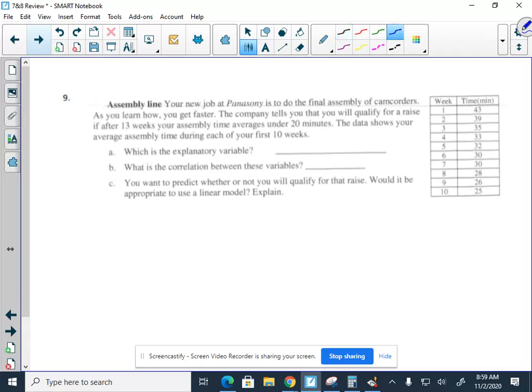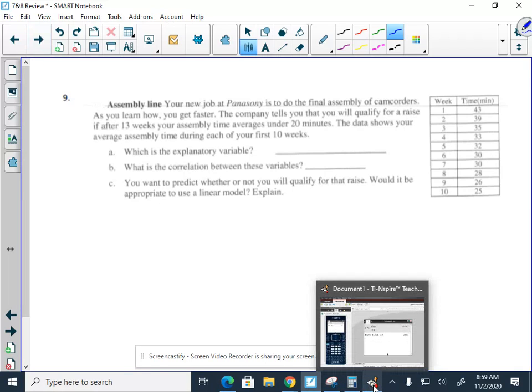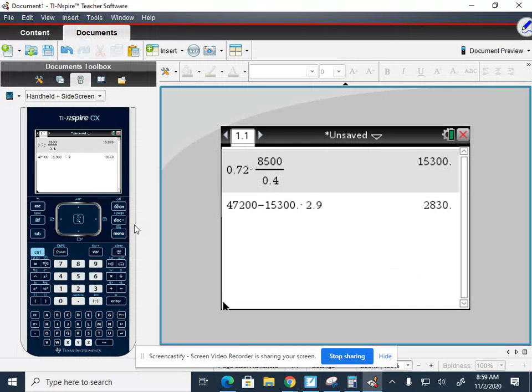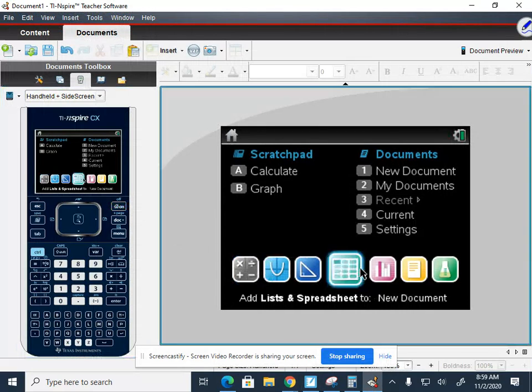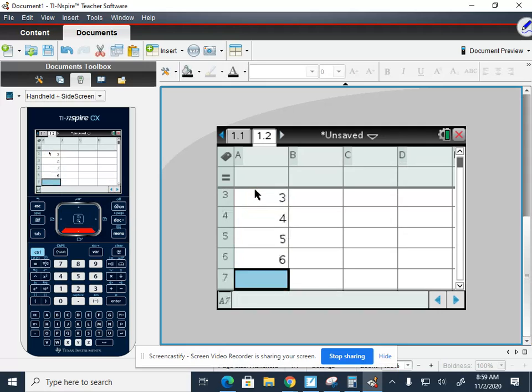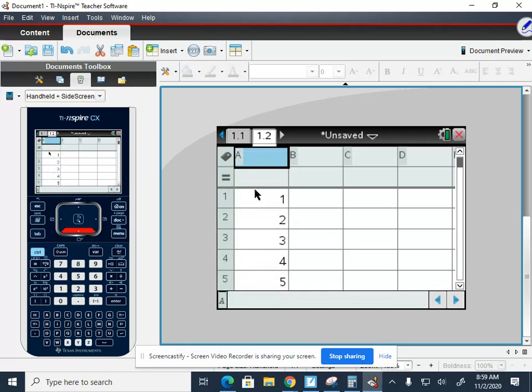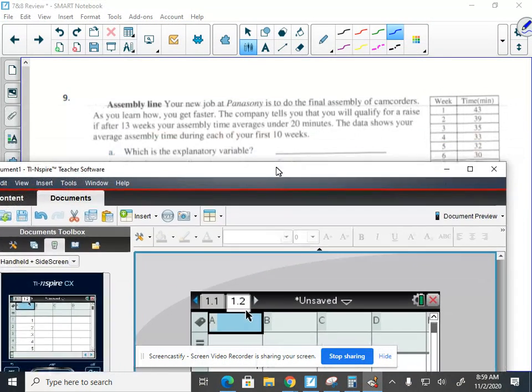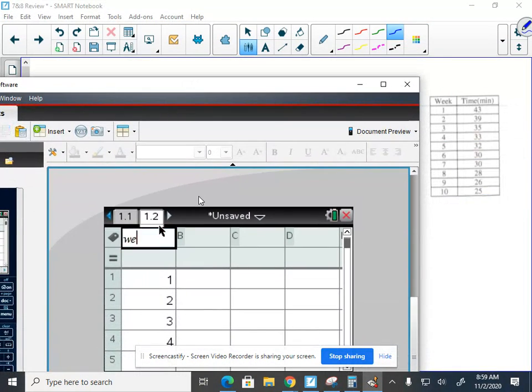Okay, so now we've got one where we got to put some data in. I should have had this data typed in, but we'll type it up here as we go. X is weeks. Week. And time. Now, time is usually an explanatory variable.